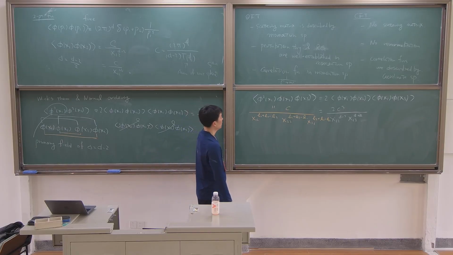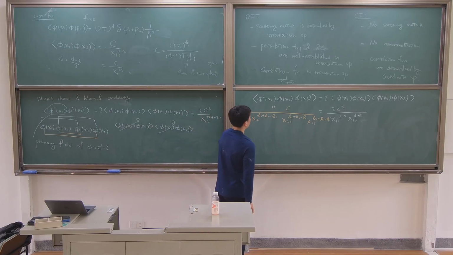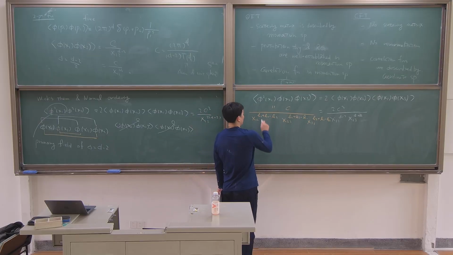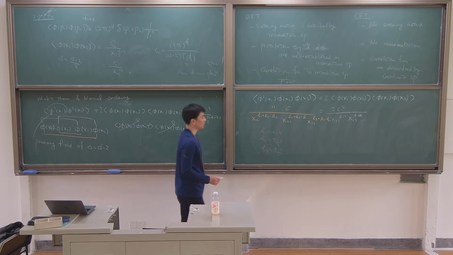In our case, h1 is d minus 2, h2 is equal to (d minus 2) over 2, and h3 is equal to (d minus 2) over 2.